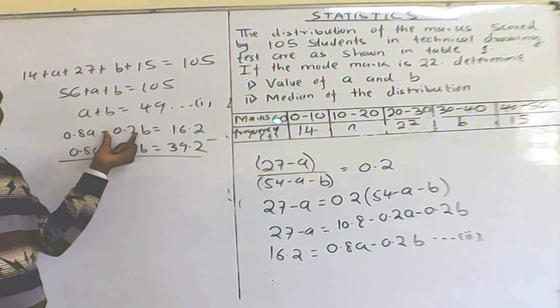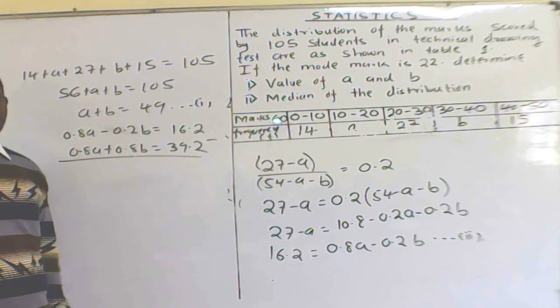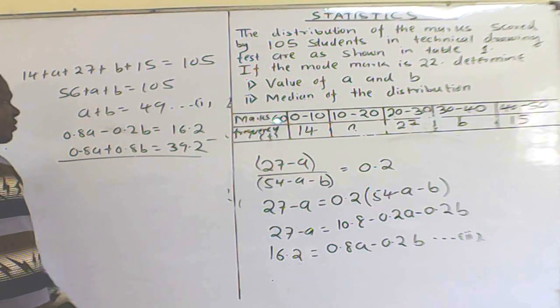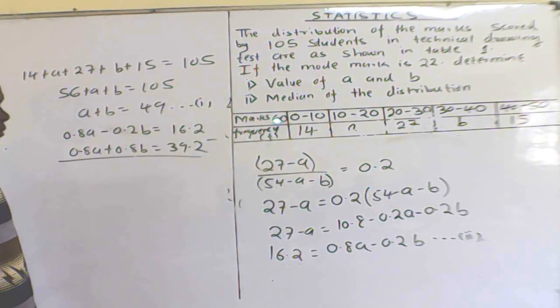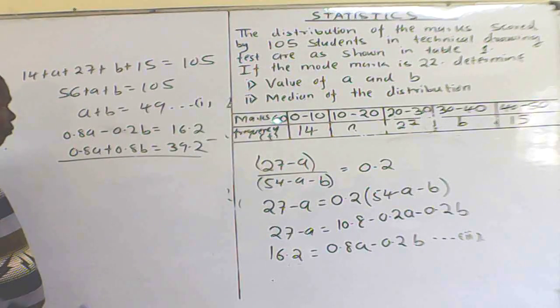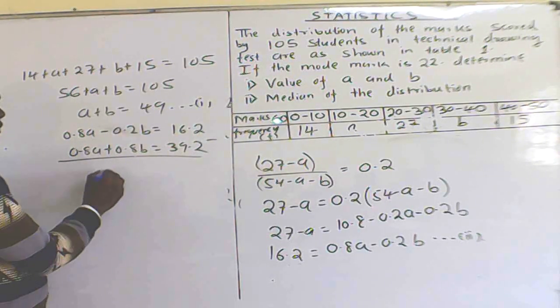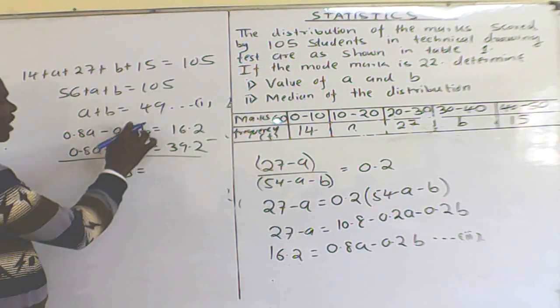So negative 0.2 minus 0.8, isn't it? What do you get there? Negative 1, that is just now negative b.